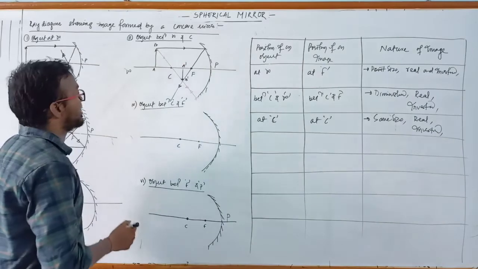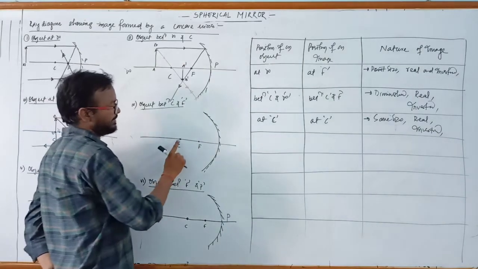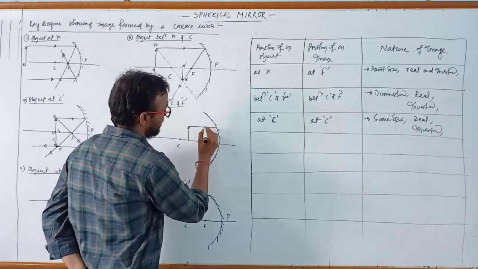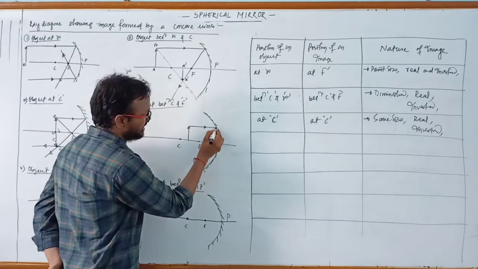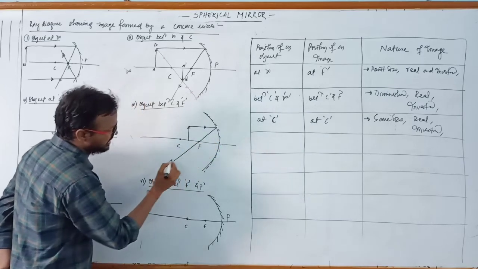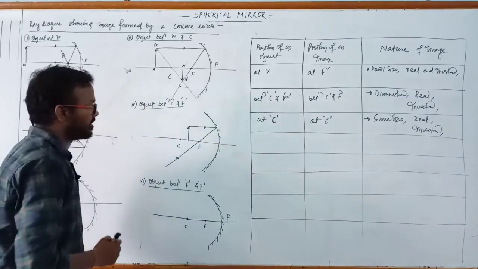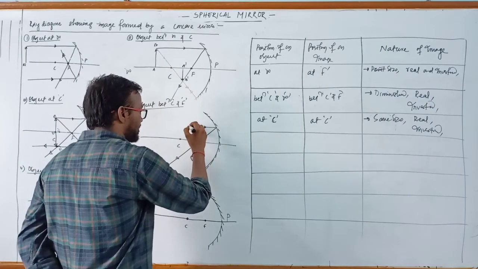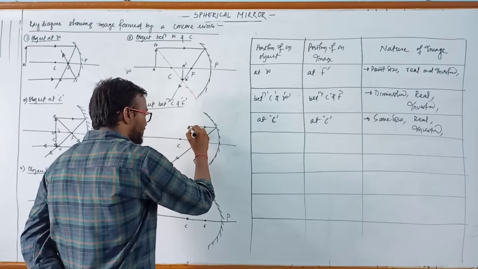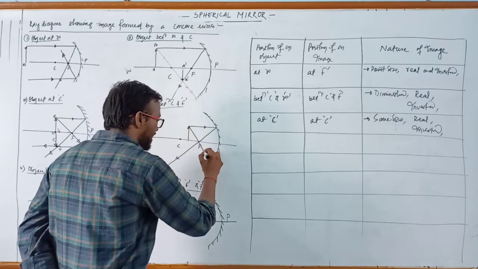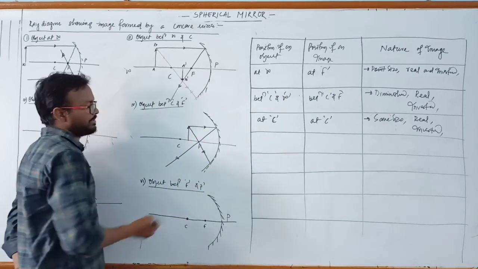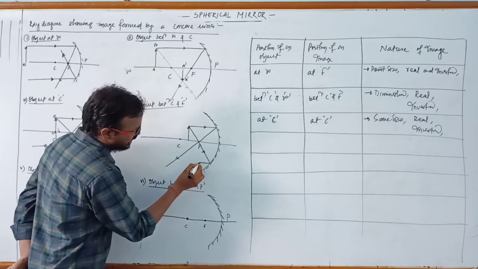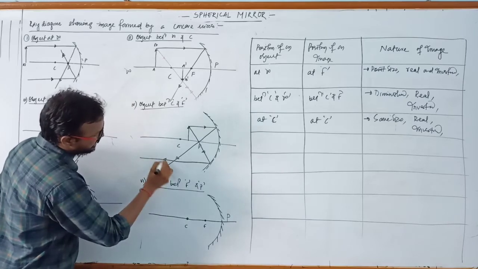Next, if the object is in between C and F, suppose there is an object between C and F, the ray which is parallel to the principal axis, after incidence the reflected ray passes through the focus point. Clear? Okay. Again, if we take a ray which passes through the focus point, after incidence on the concave mirror, it reflects parallel to the principal axis.